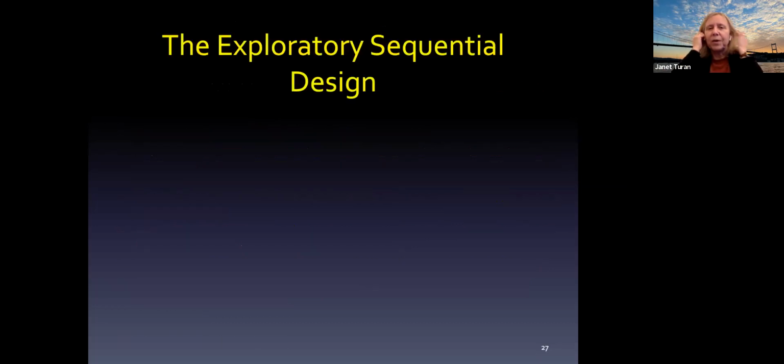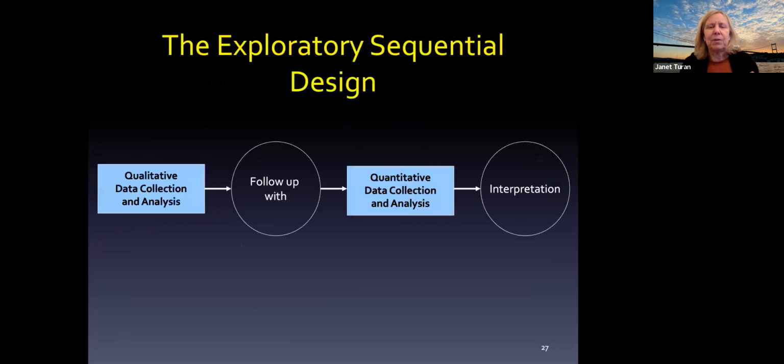Now we're going to move to the exploratory sequential design. I think Dr. Natalia Ivankova is kind of moving away from some of these labels for the designs. It's a little confusing, the exploratory and the explanatory.